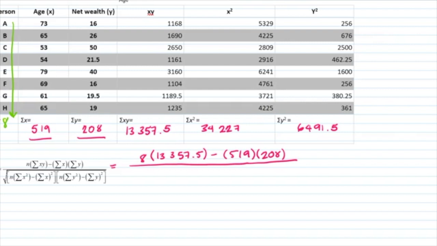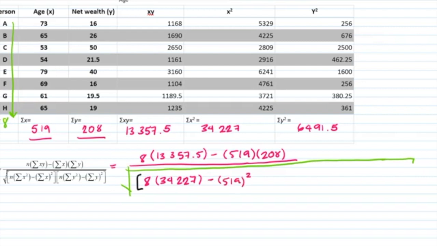Then I'm going to have a giant square root, and give myself a lot of space, bracket, so 8 times the sum of the x's squared, that's always going to be the larger of the two, just in case they're confused, minus the sum of x, which is 519, squared, close bracket, open bracket, 8 times 6,491.5 minus the sum of y, 208. But this sum of y we have to square.